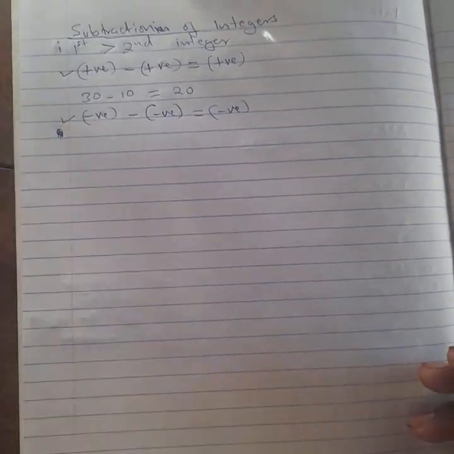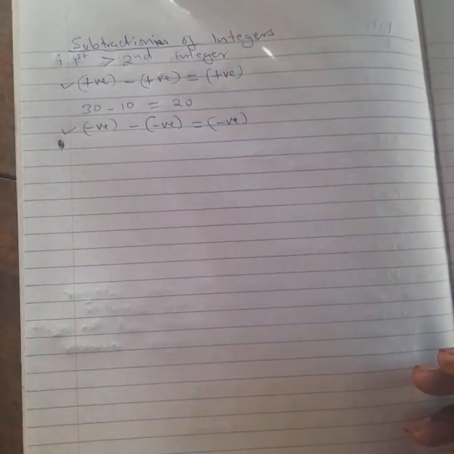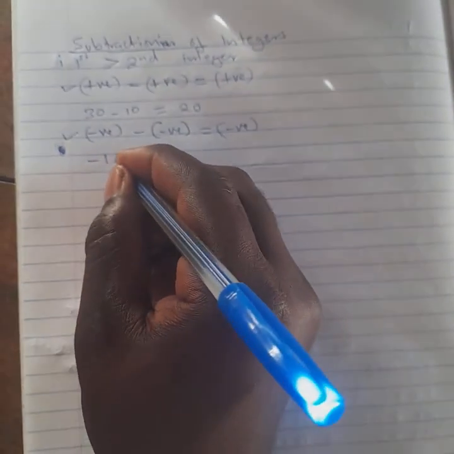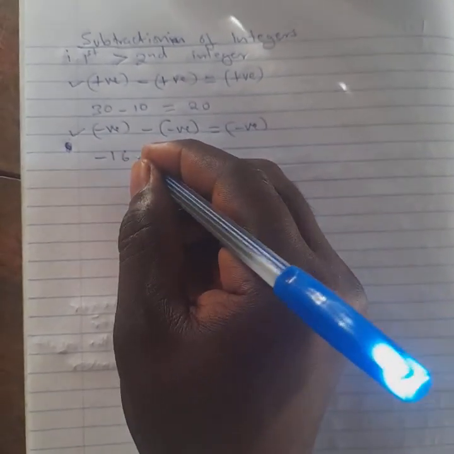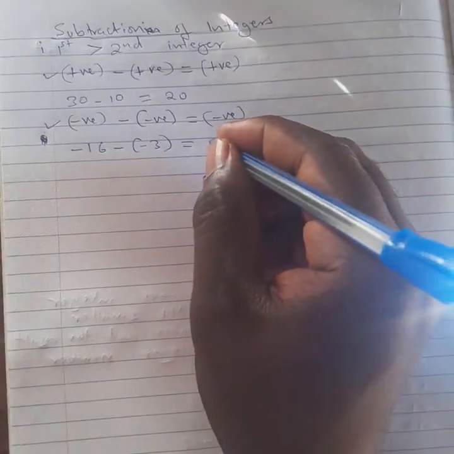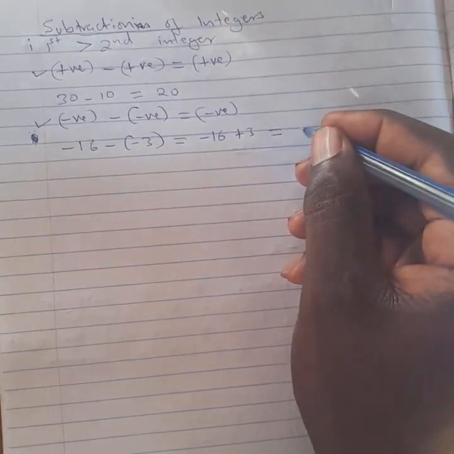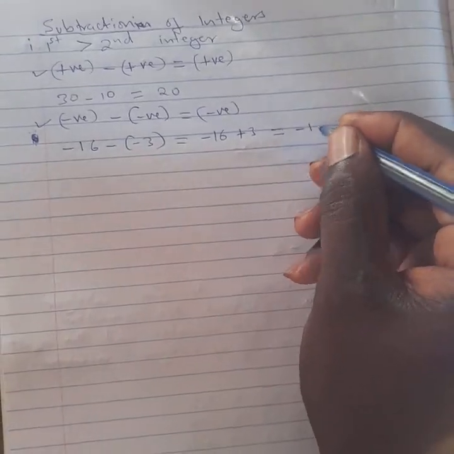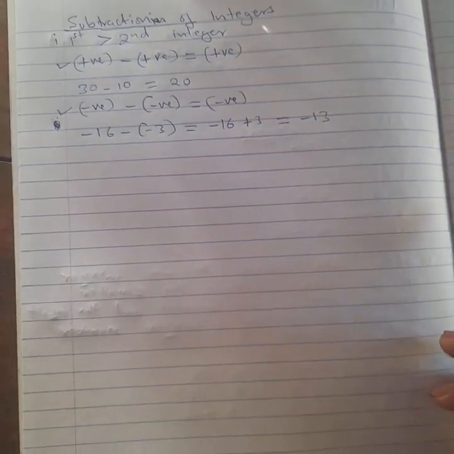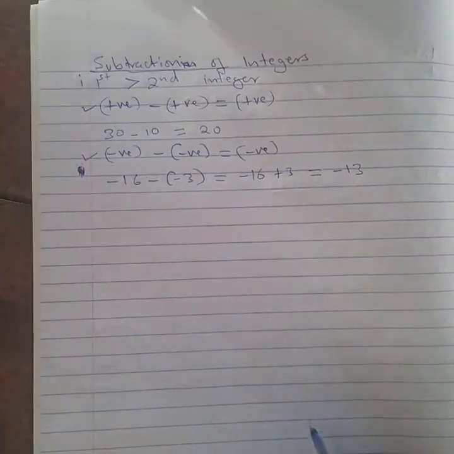That is also if the second integer is less. For example, we can have negative 16 subtract negative 3. This is the same as negative 16 plus 3, and the result is negative 13. So negative is negative because the second integer is less than the first integer.